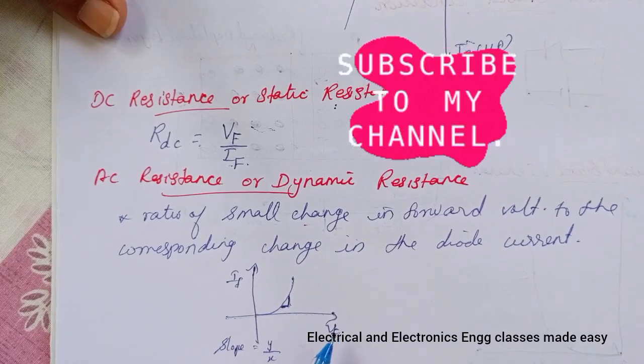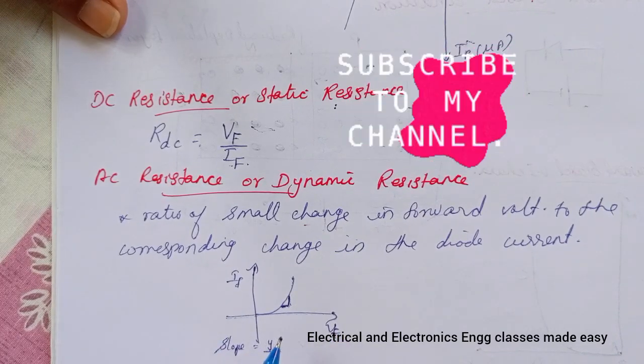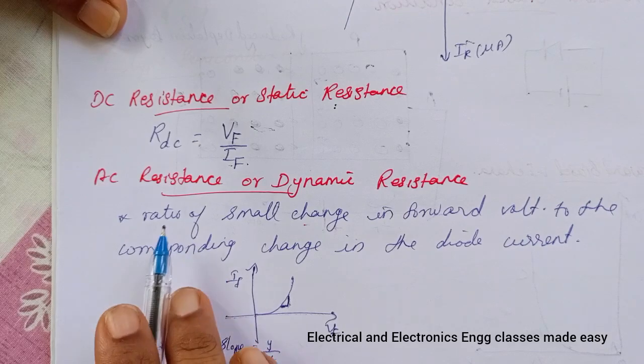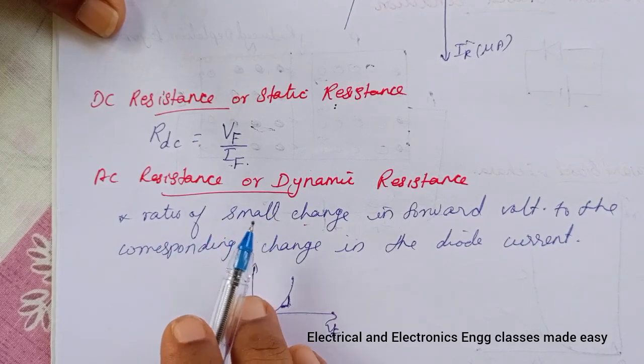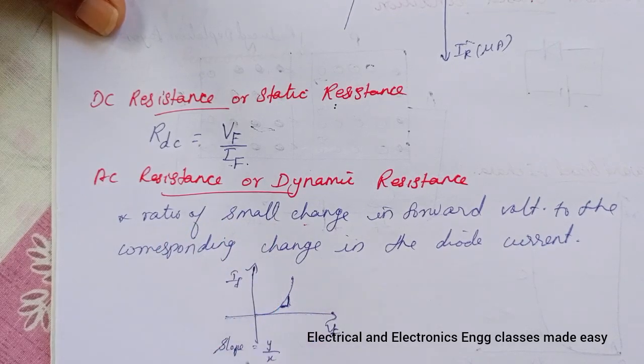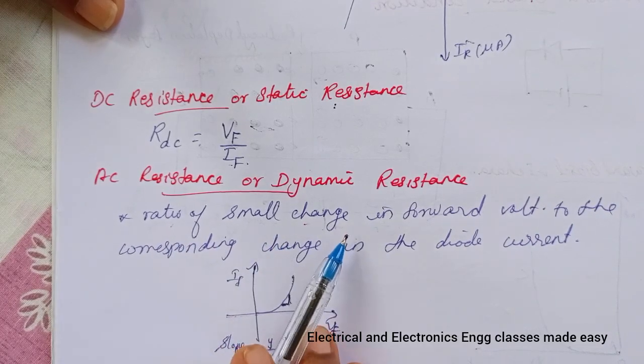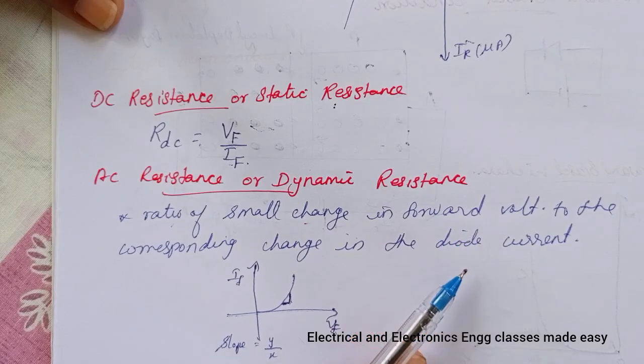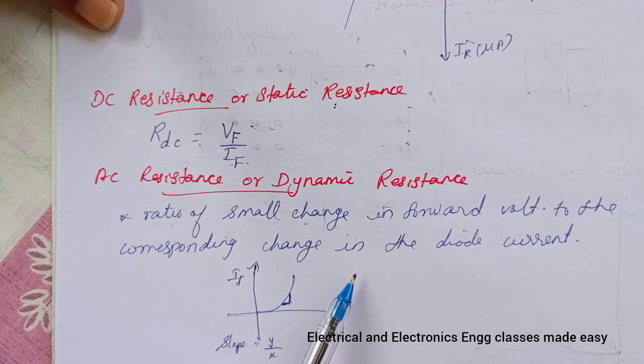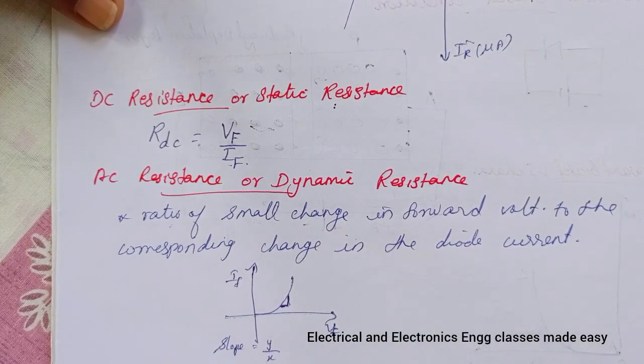So the reciprocal of this slope indicates the AC resistance of the diode, and it is also defined as the ratio of small change in forward voltage to the corresponding change in the diode current.